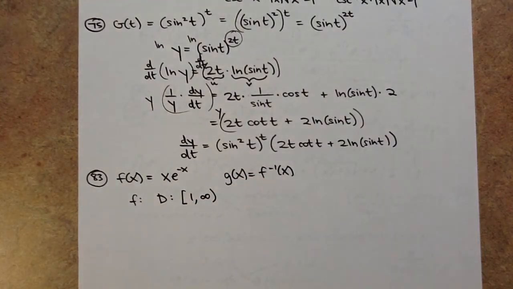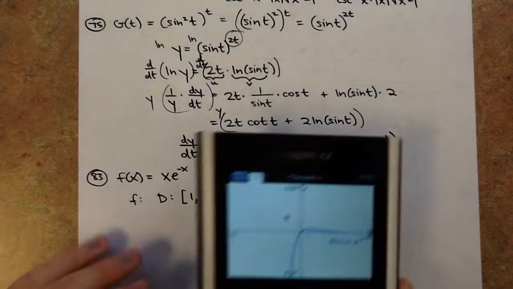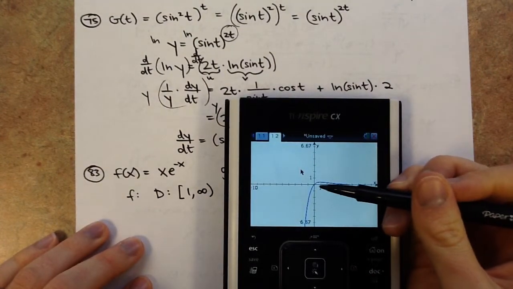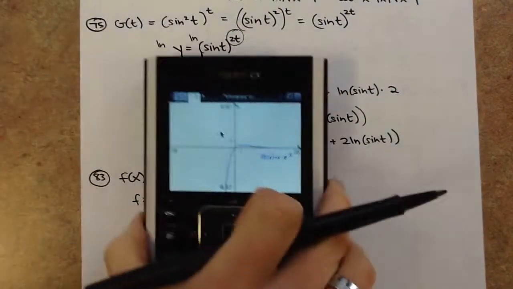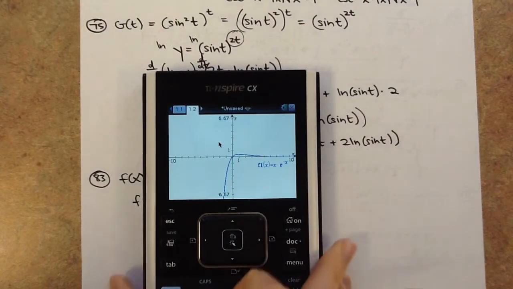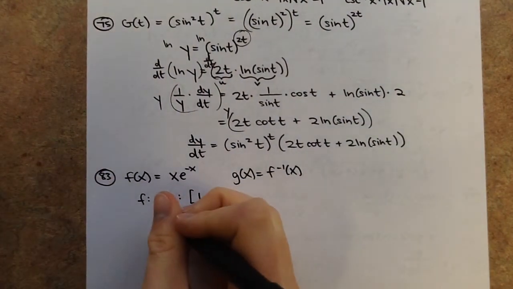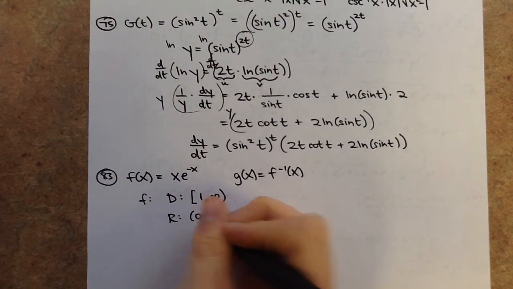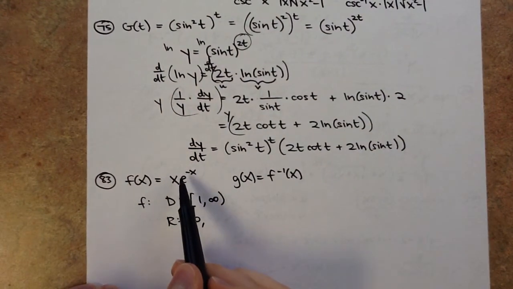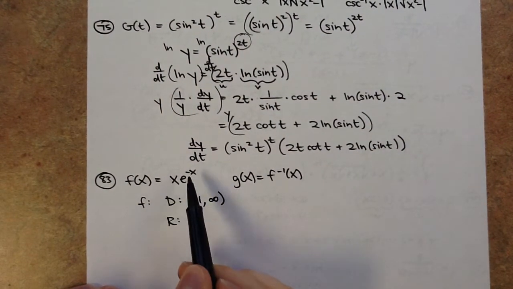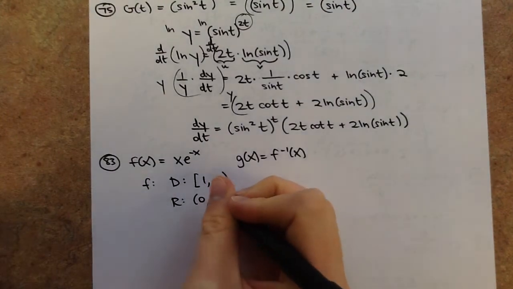And on 1 to infinity, what we end up getting is, really the highest value is what we get when we plug in 1. So if you look at this, the highest value is whatever we get when we plug in 1. And the lowest value, it just goes down to 0. So the range, the lowest value is 0, and then it goes up to whatever we get when we plug in 1. So that's 1, and then e to the negative first, which is 1 over e.